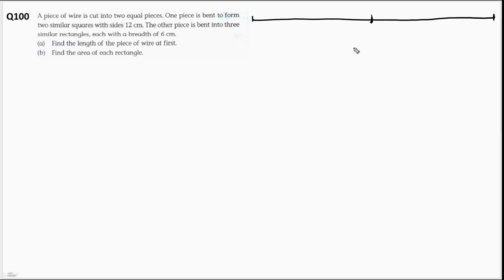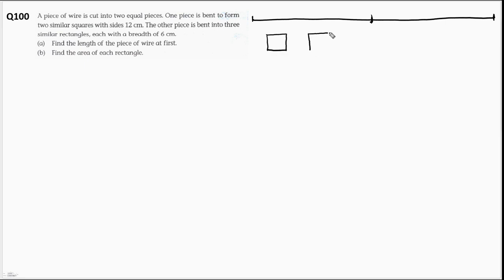Now, one of these pieces is bent to form two similar squares. That means these squares have the same dimensions with sides of 12 centimeters. So we've got two squares made. Let's draw them out.